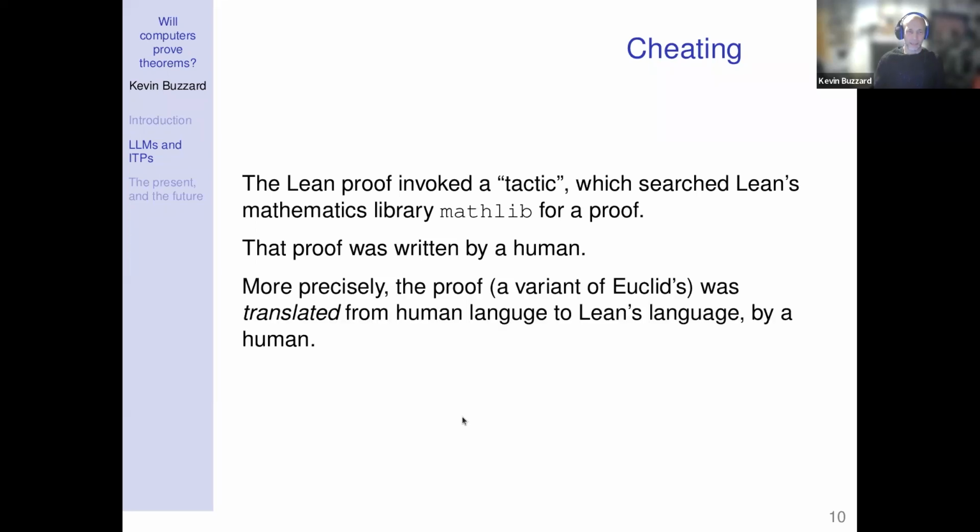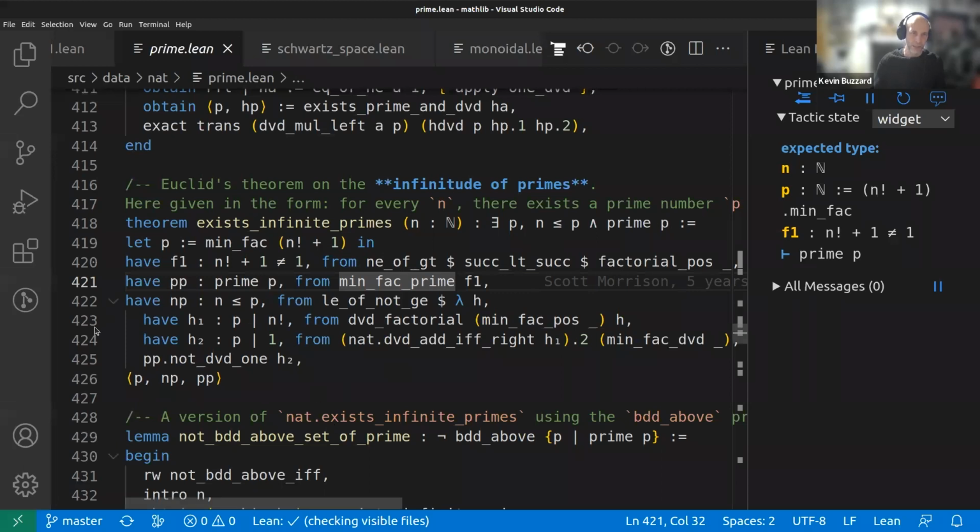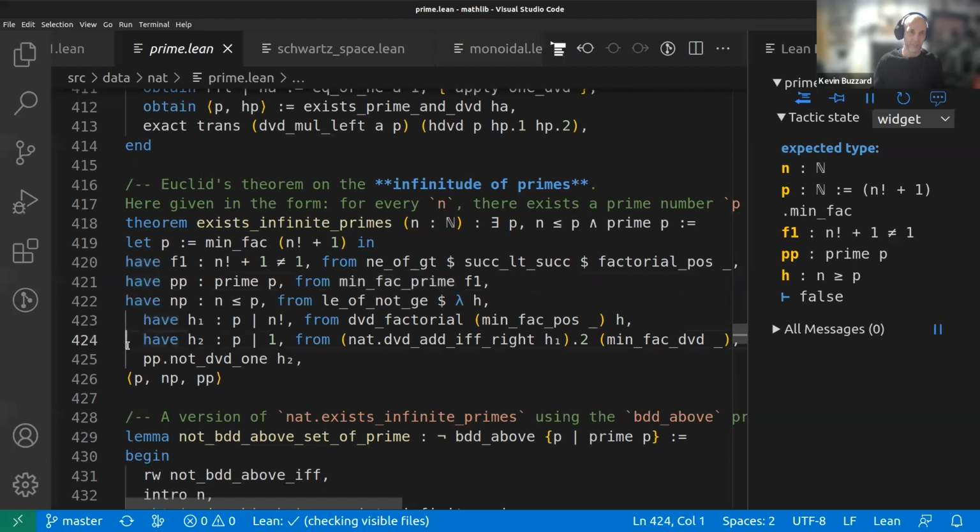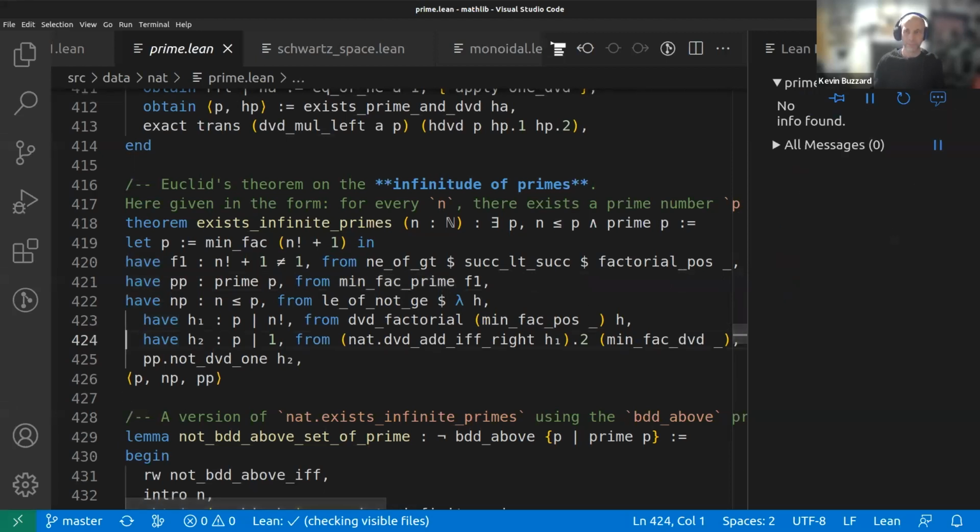So maybe I could be a bit more precise. What's happened is that a human has taken the standard proof and has translated it from human language into this computer code here, which is a programming language which is sufficiently expressive that it could represent a mathematical argument.